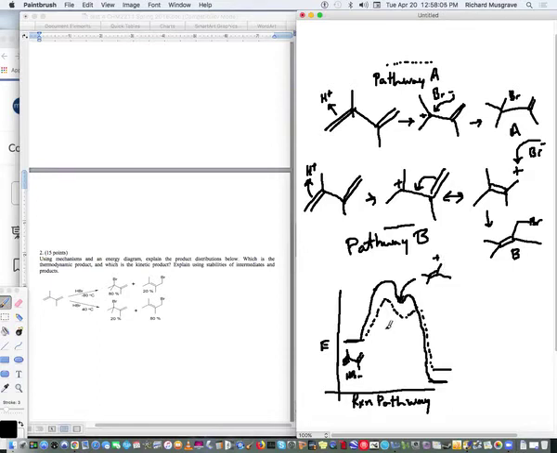And this one here is representative of this carbocation.